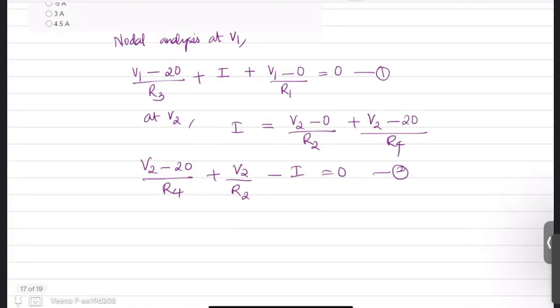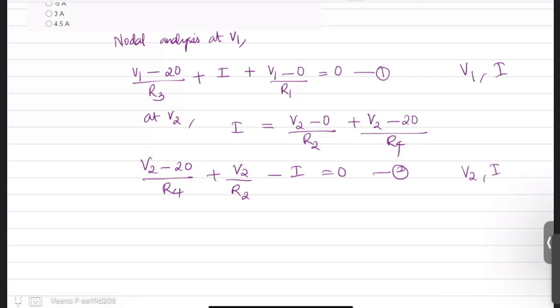This is my equation 2. Now you see equations 1 and 2. Equation 1 has V1 and I as variables, and equation 2 has V2 and I. But you see the coefficient of I: one is plus 1 and another is minus 1. So I can do arithmetic operations on these equations.